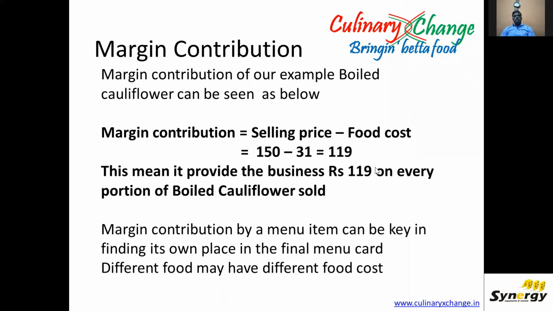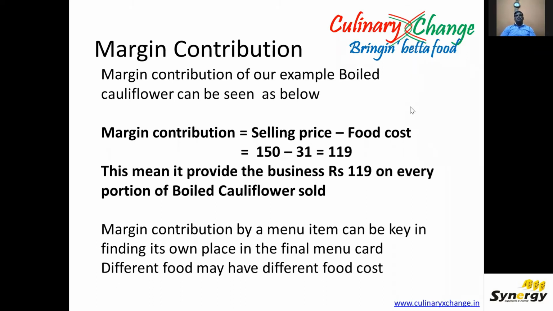Suppose the cauliflower price is 150 and its food cost is 31. 150 minus 31 is equal to 119. Here the margin contribution of boiled cauliflower is 119 rupees. This means the boiled cauliflower provides 119 rupees on every portion sold in that particular restaurant.